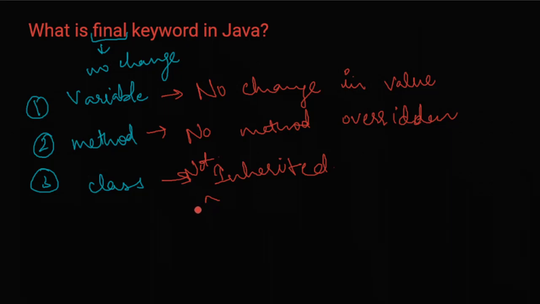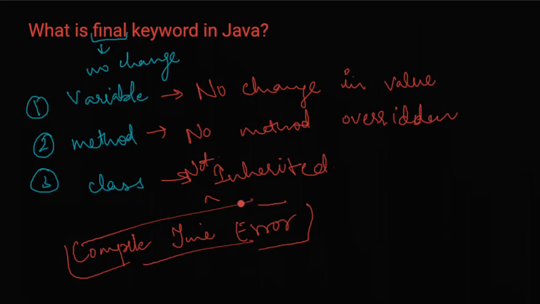So these are three things that help us out. Whenever you try to violate this rule, a compile time error is generated.